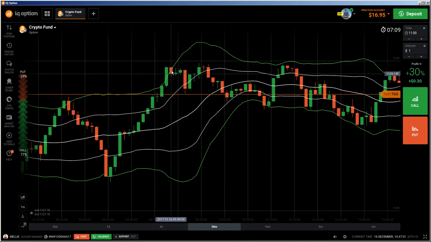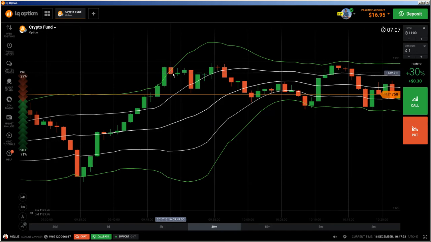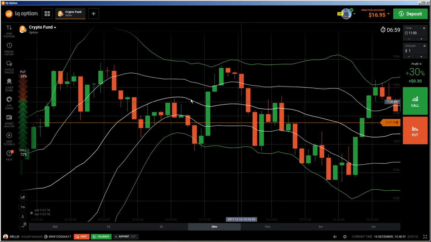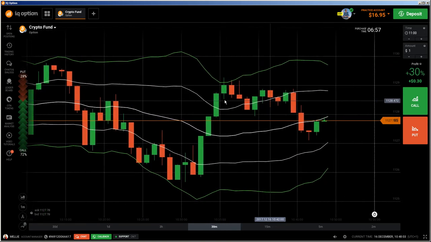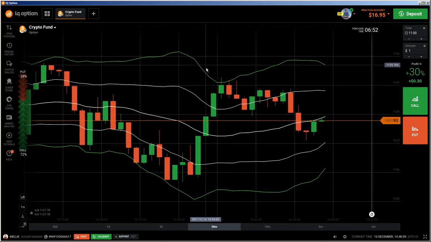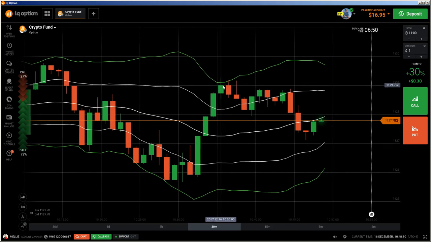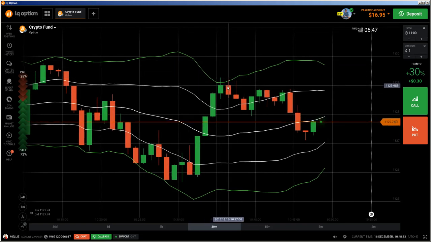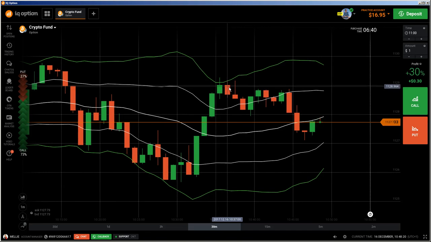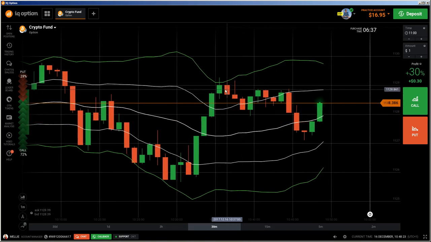Also if you see here, for example, in this case they are too tiny to explain it really well, but the thing is, when it's touched and it gets a rejection, because this is also a support and resistance area, you can get the information that the next candles will be going down because some force is pushing these candles down.